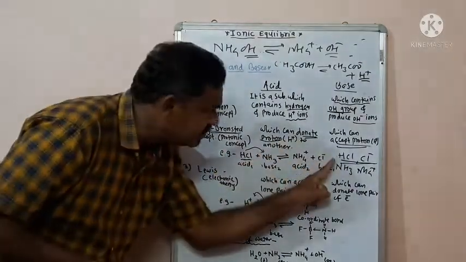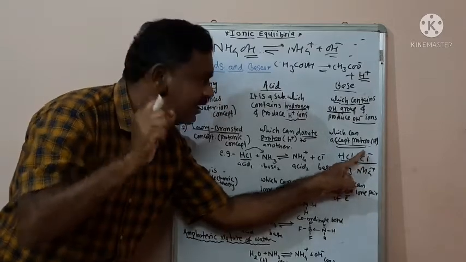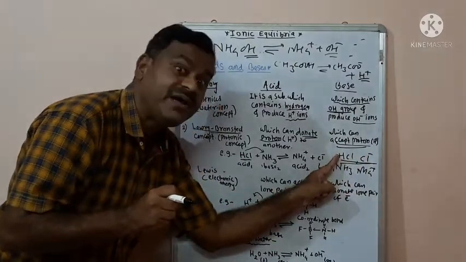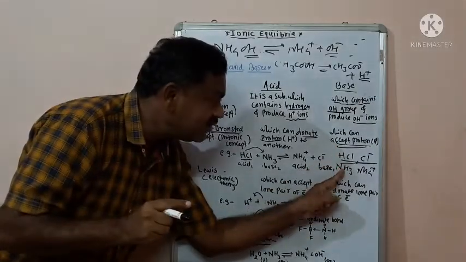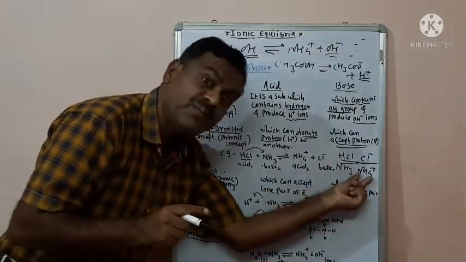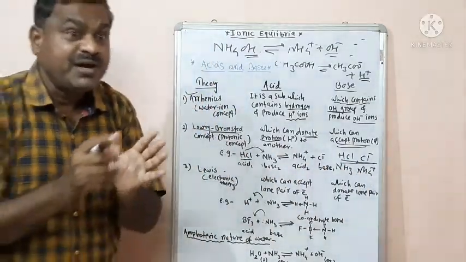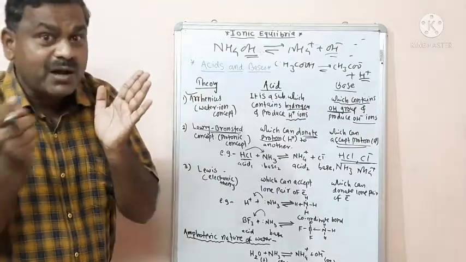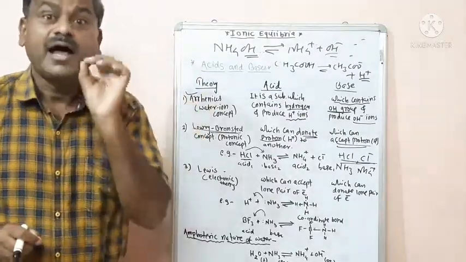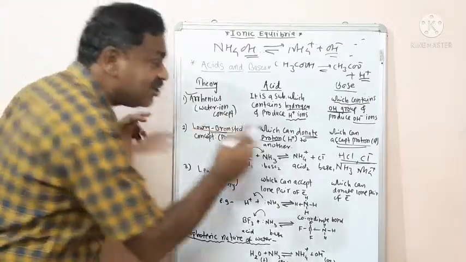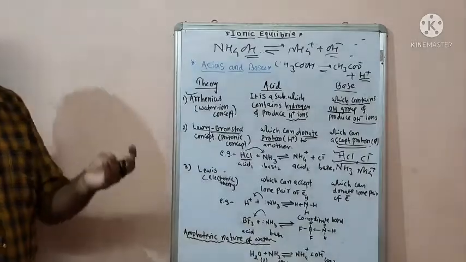Therefore, HCl and Cl minus are one pair and differ by only one hydrogen. Here also, ammonium and ammonia differ by only one hydrogen. Chemical species that differ by one hydrogen are known as a conjugate acid base pair.